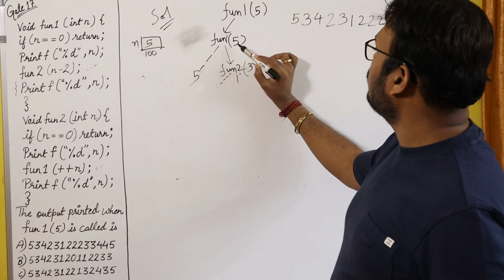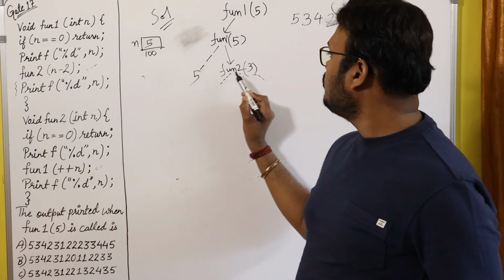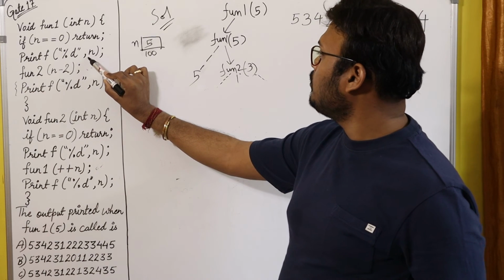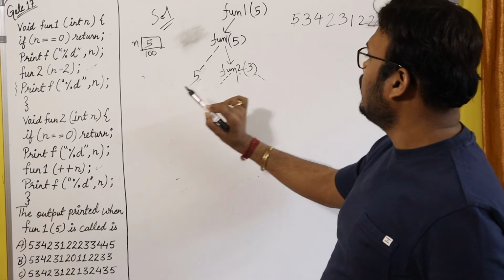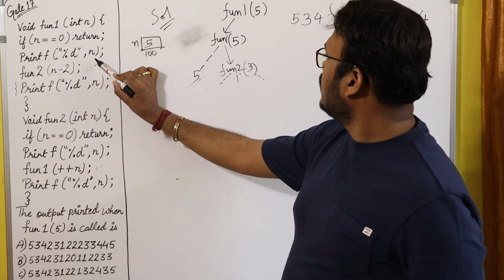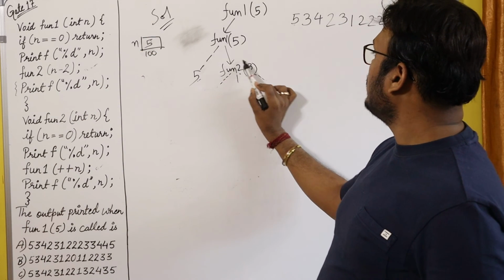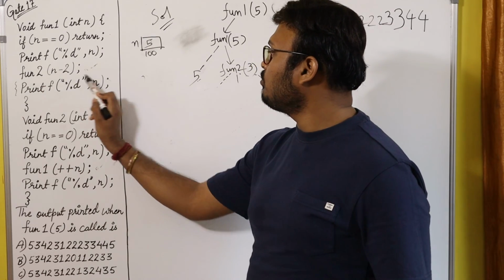So now function 2 is over. Which function called function 2? Function 1 called function 2. Before calling function 2, function 1 executed this printf statement through which 5 got printed. After that, function 1 called function 2. Since function 2 is already executed, which statement is left for function 1?